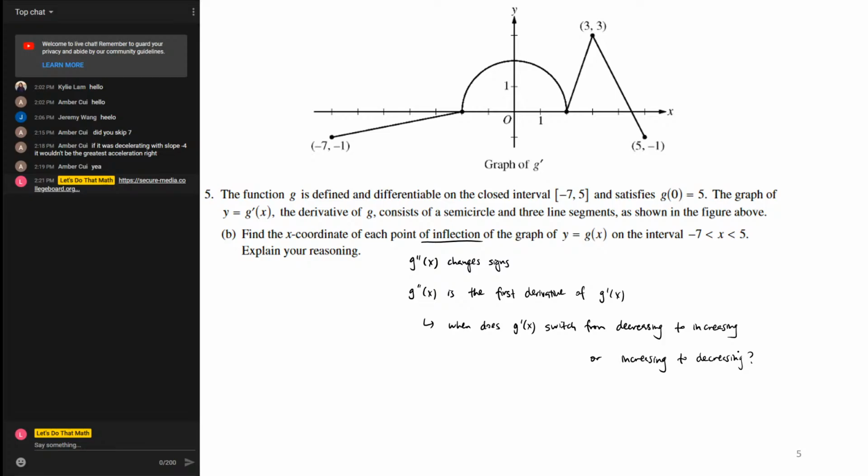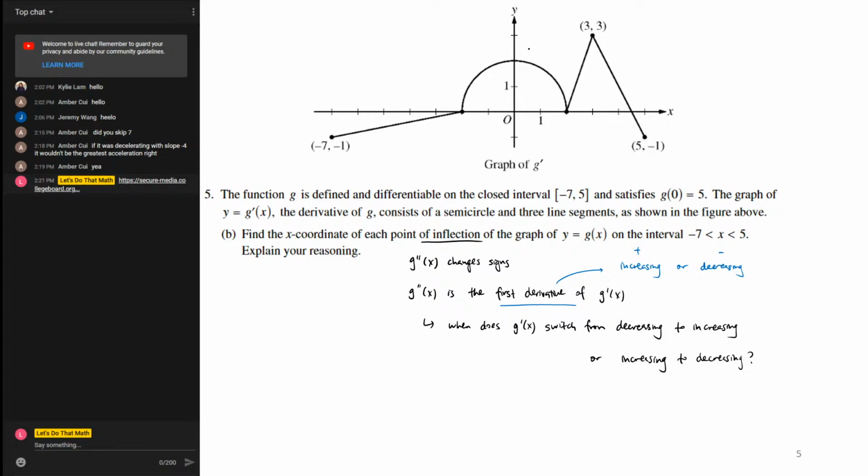Because the first derivative tells us when the function is increasing or decreasing. So if the first derivative needs to change signs, that's going to be changing from increasing to decreasing. Increasing is a positive first derivative. Decreasing is a negative first derivative. So when does that happen?